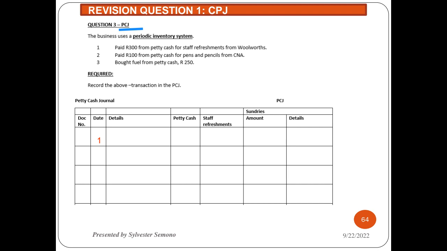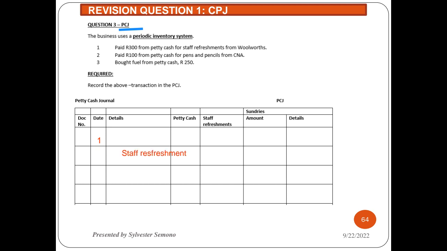Remember here I said, under petty cash, you can be specific. You can write whatever you bought. Like in this case, what did you buy? Refreshments. Yes, just write staff refreshments. Petty cash is very informal. Just write whatever. If you bought a pen, just say you bought a pen.